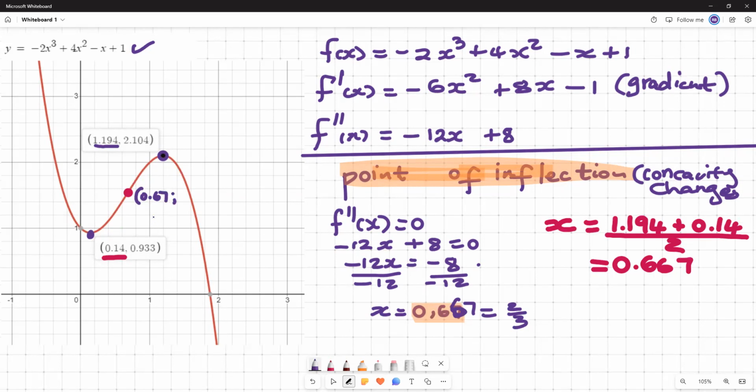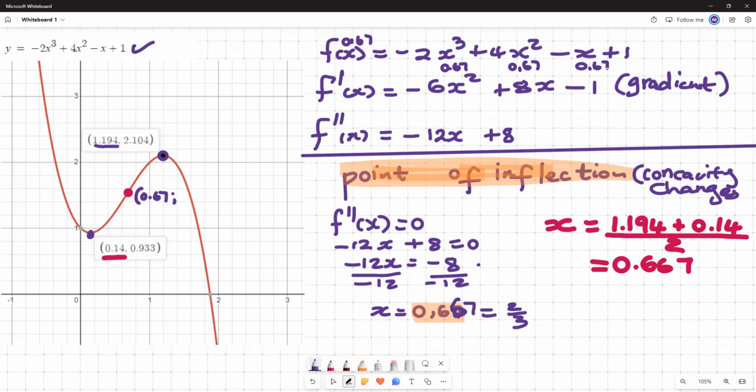Let's get the y value. So we are going to substitute 0.67 for each x. So I have negative 2 times 0.67 cubed plus 4 times 0.67 squared minus 0.67 plus 1.